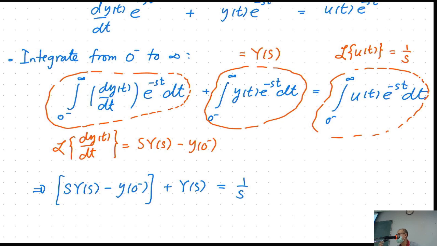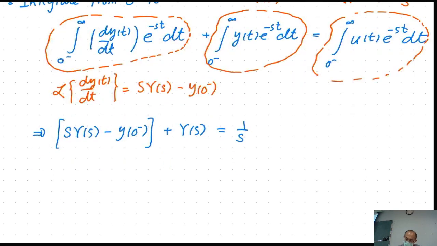The next thing we would like to do is rearrange this so that the left hand side is Y(s) and the right hand side is a function of s. So we have Y(s) times (s plus 1) equal to 1 over s plus y(0 negative).